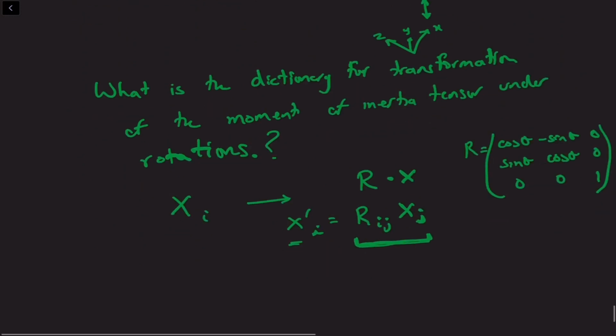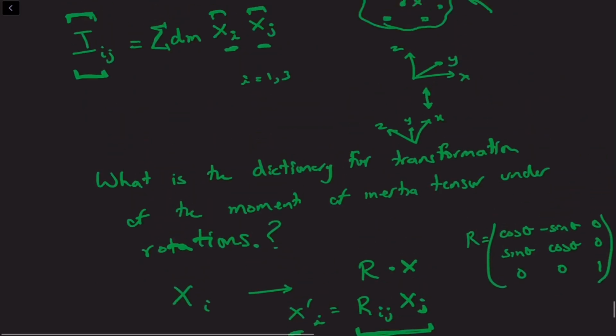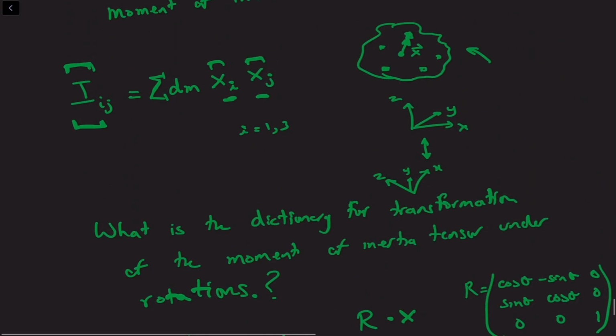Given the rule for how x transforms, we can figure out the rule for how I would transform.